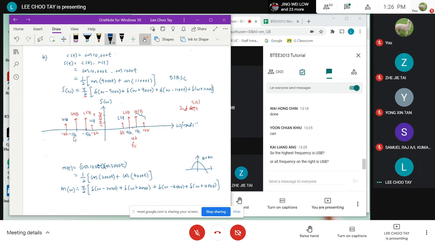Any other questions? You really need to work it out yourself. With more practice, this will be very easy. Don't wait until the last minute to practice, then you get confused.